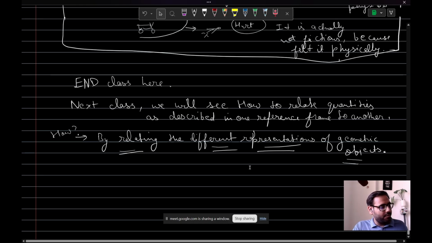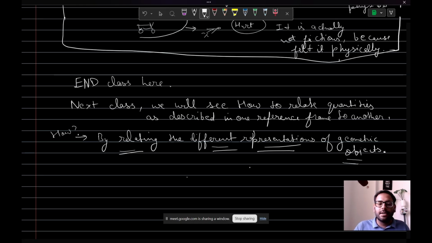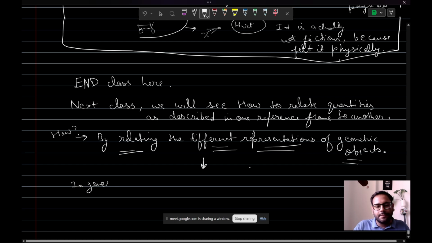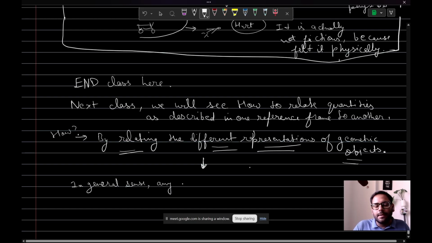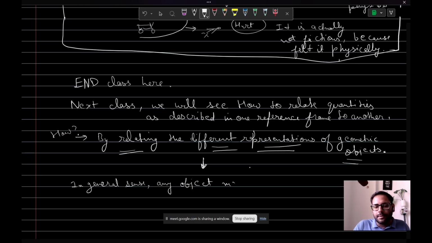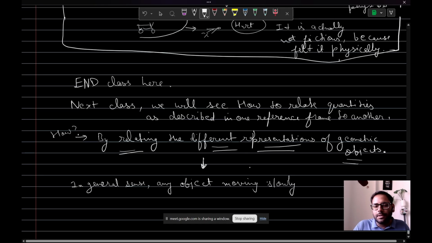So that's all for now, and it will be interesting when we study these in a general sense, for any object moving slowly. Here we will define the slow limit.